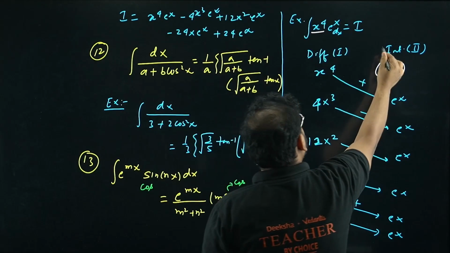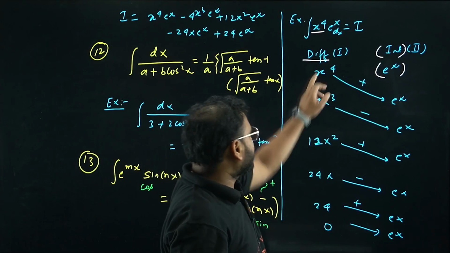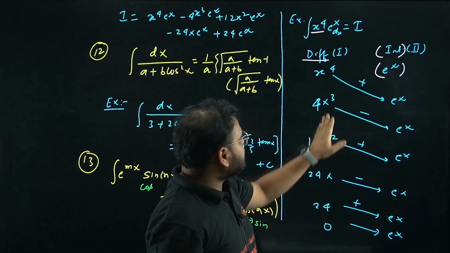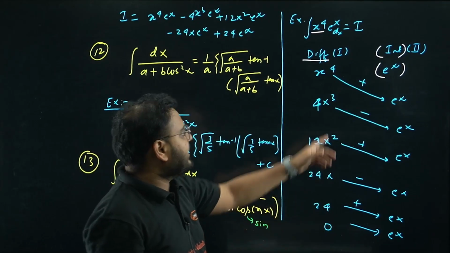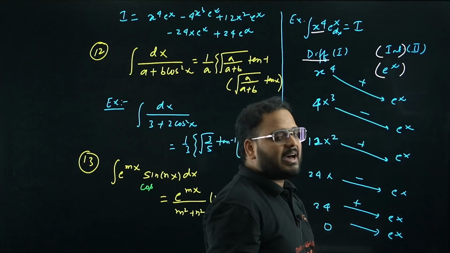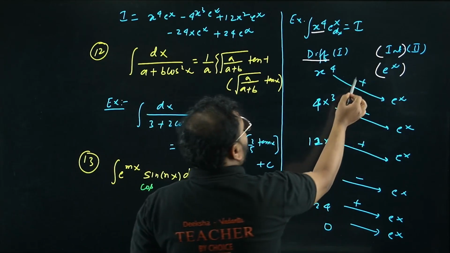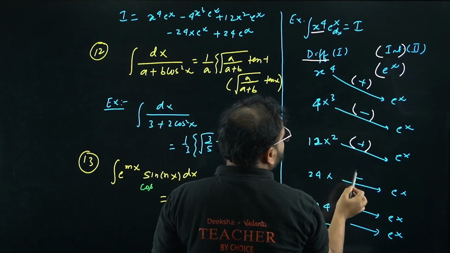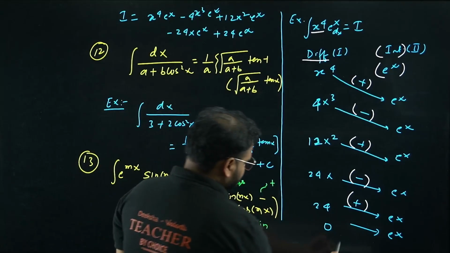Function 2 will be integrated, and function 1 will be differentiated: x power 4 becomes 4x cube, 12x square, 24x, 24 and 0. e power x always stays e power x, since its integration is e power x. Signs will be plus, minus, and this is 0, so it doesn't matter, but it's going to be minus anyway.